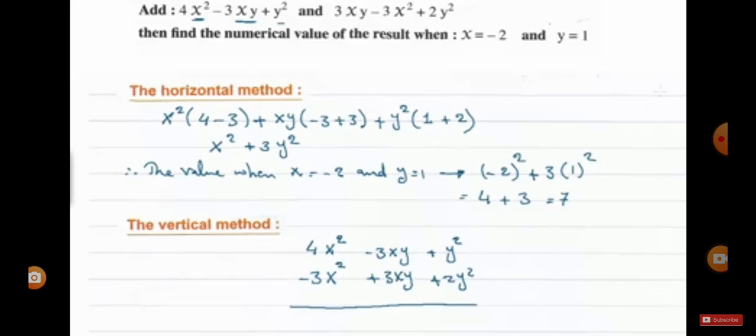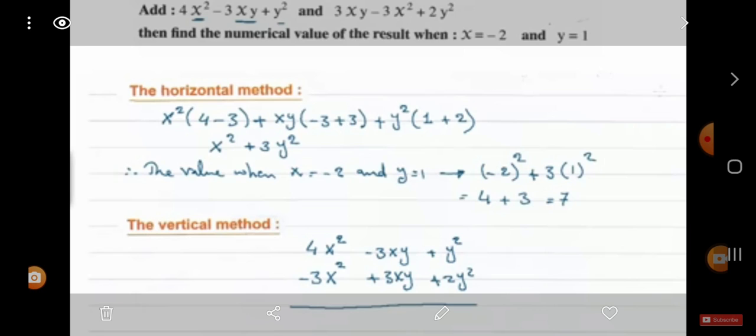As I see, x power 2 in the first expression has positive 4 and the next expression has negative 3. Then I can write x power 2 and open brackets positive 4 and negative 3, plus xy. The first expression has xy with coefficient negative 3, and the coefficient in the second expression is 3.